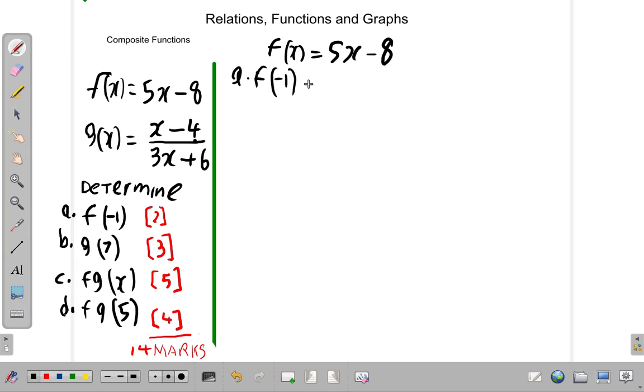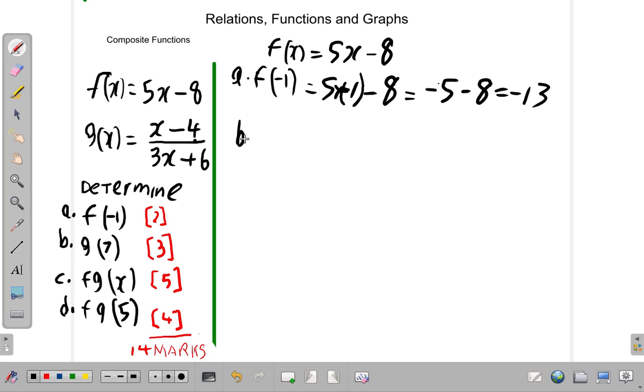So f of negative 1 is going to be 5 times negative 1 minus 8. We substitute negative 1 for x, but we put this negative 1 in brackets. So we have 5 by negative 1 is negative 5 minus 8, which is negative 13. So we got 2 marks for that.